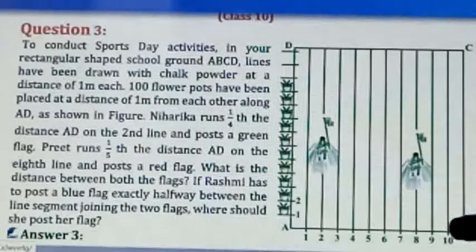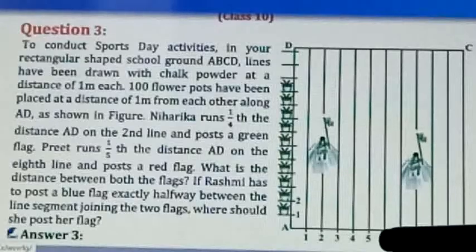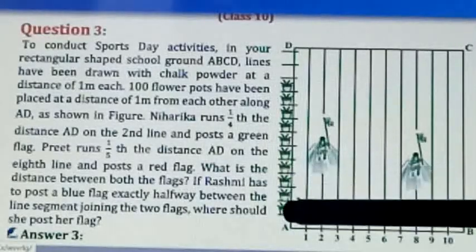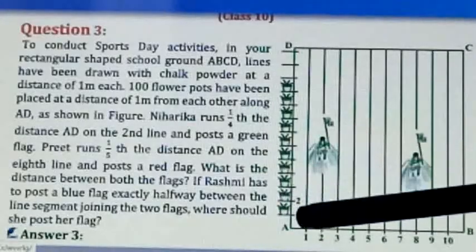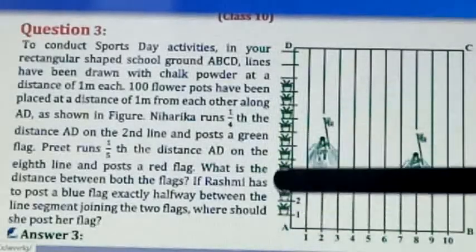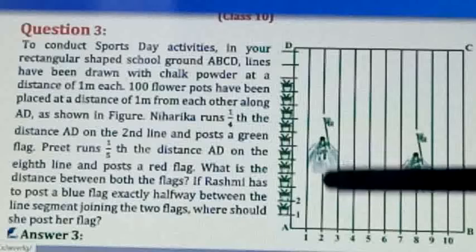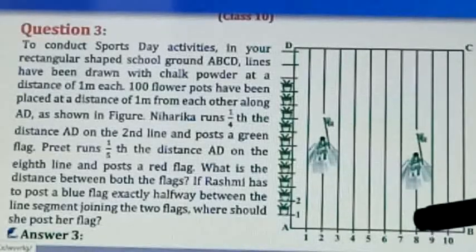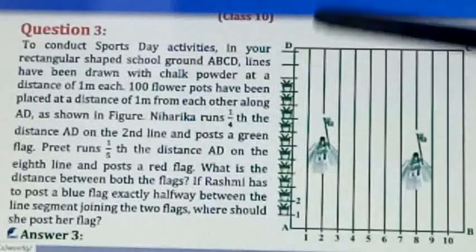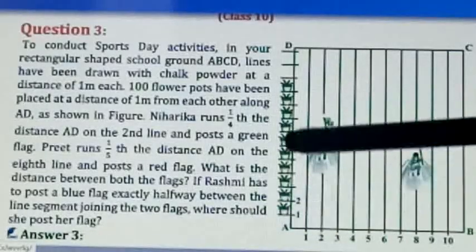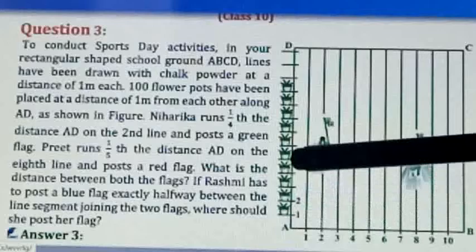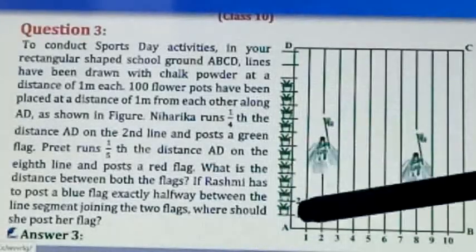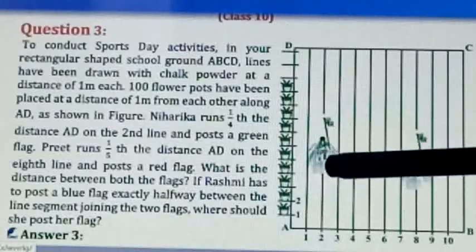Also, we need to place flower pots along AD, and each flower pot is placed at a distance of 1 meter. How many flower pots do we need to place?